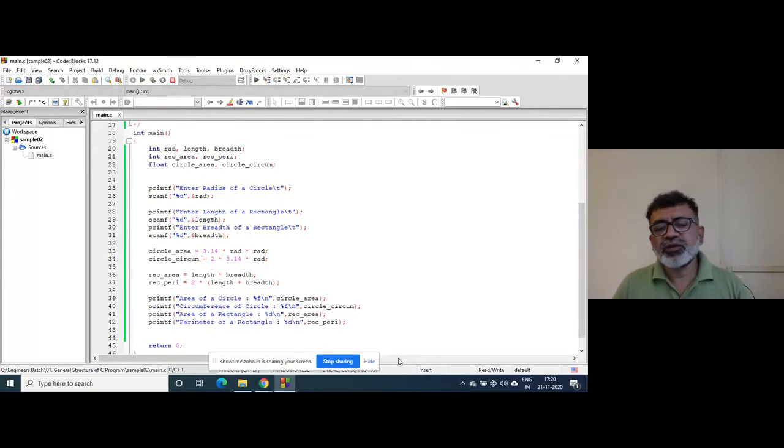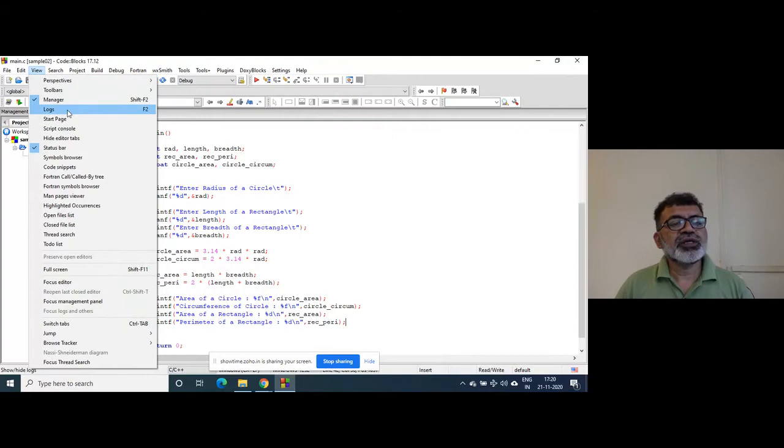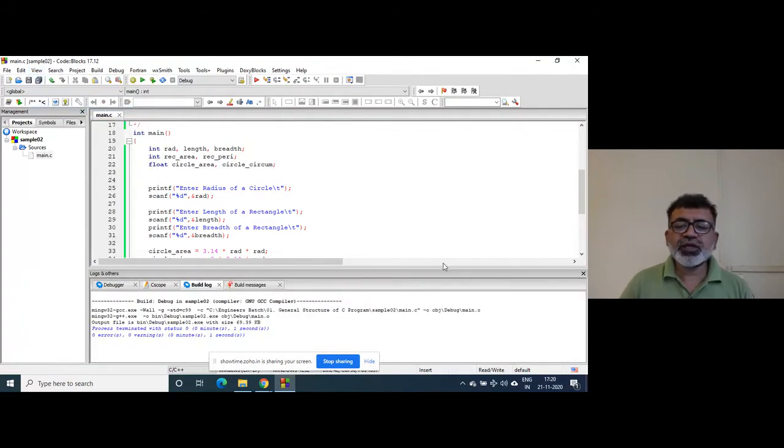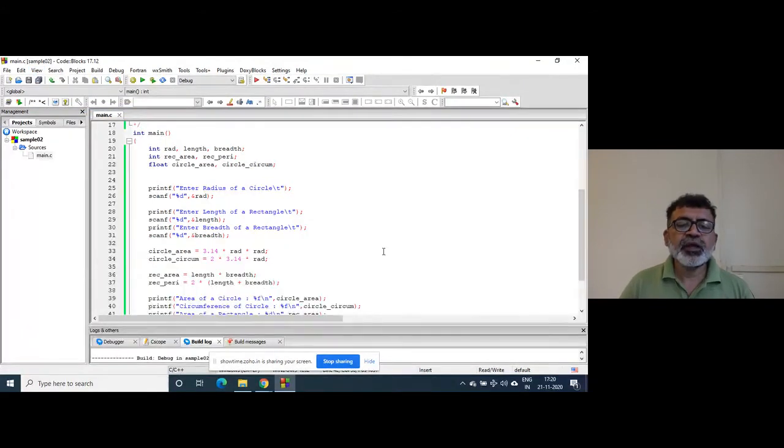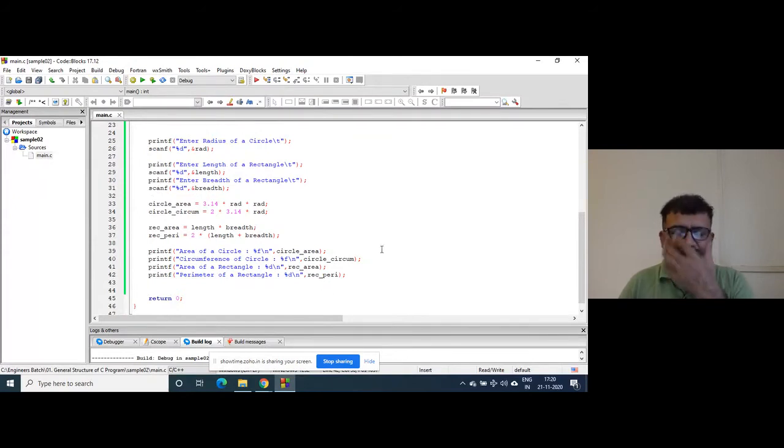Now let's try to build the program and see whether there are any errors or warnings. So there are no errors or warnings so far. You'll get a variety of errors and warnings. Suppose I forgot to put the semicolon over there, you will get an error immediately, right? So errors and warnings should be explored.